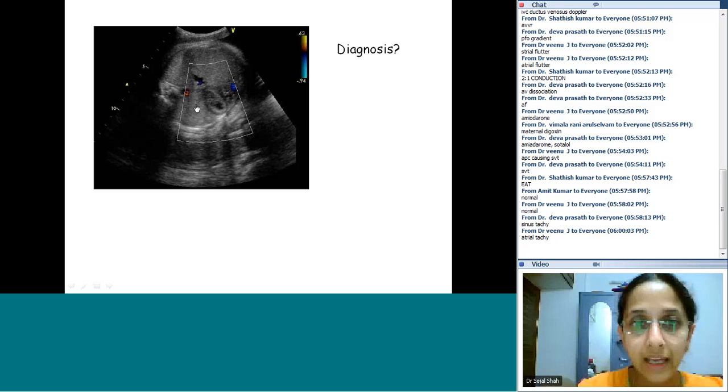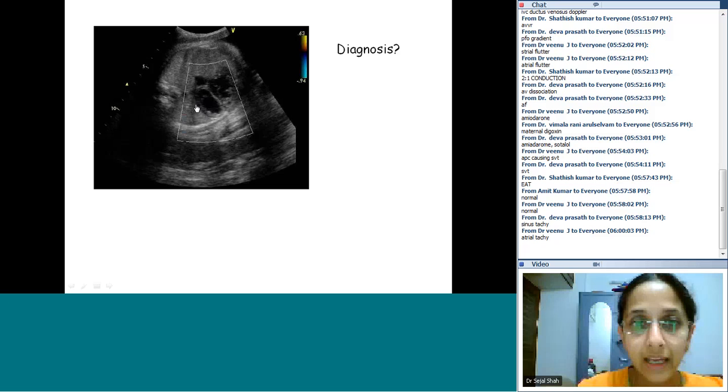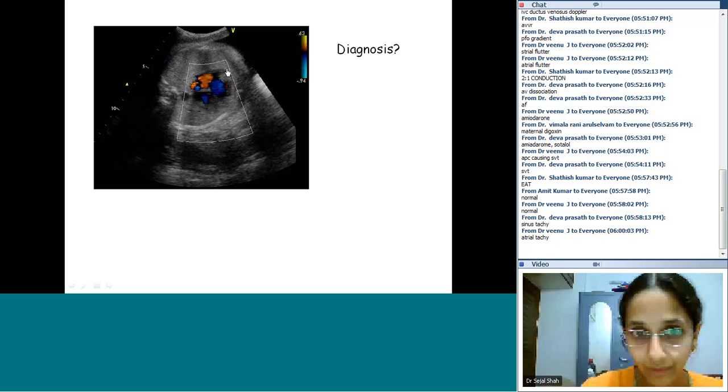You can see that the ventricular rate is significantly on the lesser side. And if you see the fluttering of the atrial wall, though it's difficult, we know that it's much faster. This is significant bradycardia. Most likely complete heart block, but it would be difficult to say only on a 4-chamber view.